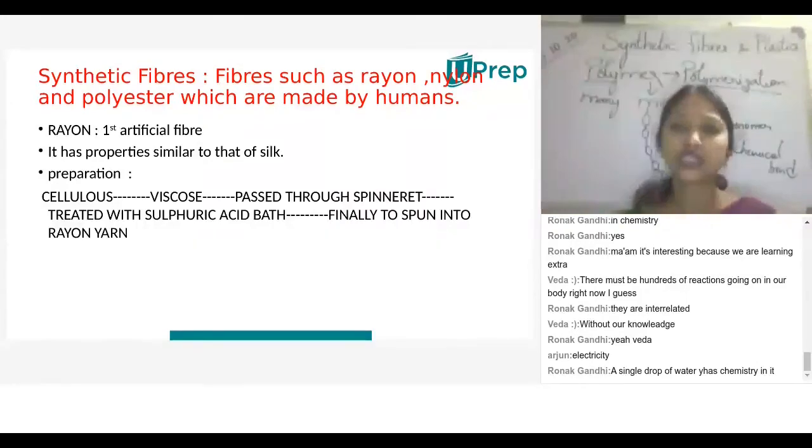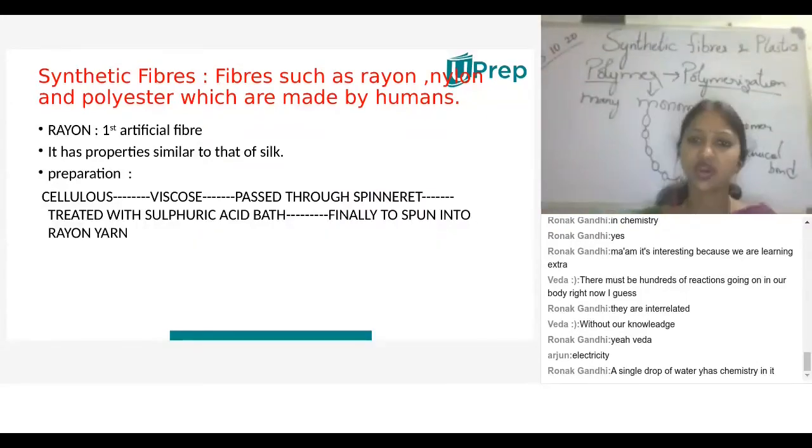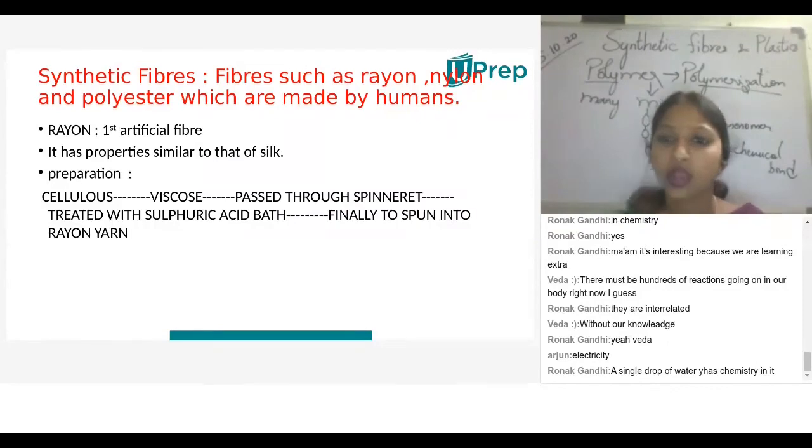Okay, leave about it. Synthetic fibers such as rayon, nylon, polyester are made by humans. Synthetic means artificial. The fibers which are made by human activities are known as synthetic fibers. So this is the first artificial fiber, rayon.